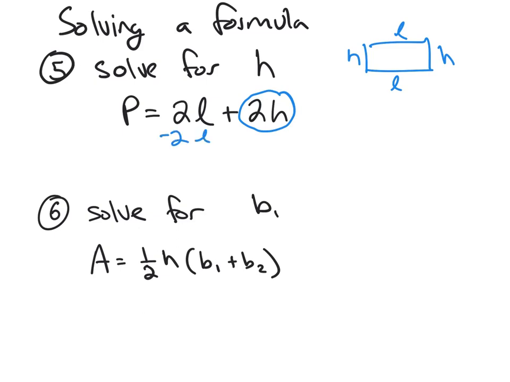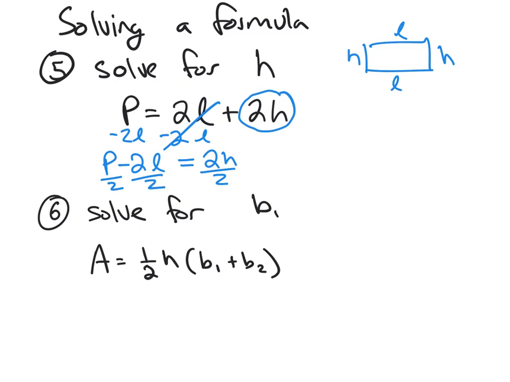So I'm going to subtract 2l from both sides. So the left side becomes P minus 2L. They're not like terms, so I can't combine them, so I just write them as a subtraction problem. P minus 2L. Those cancel, and then I get equals 2H. Then if I want to get H alone, I just need to divide by 2.